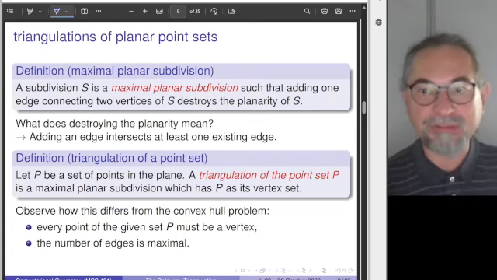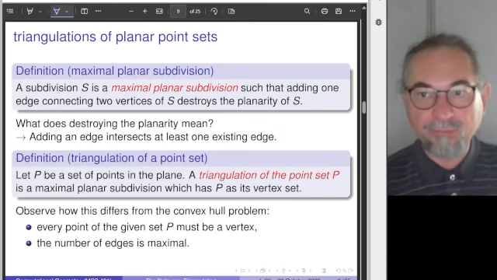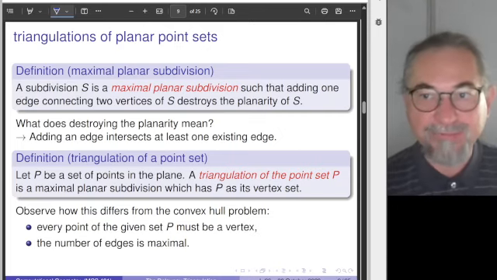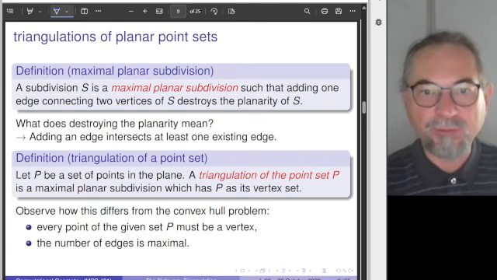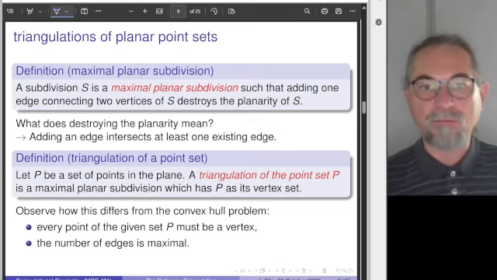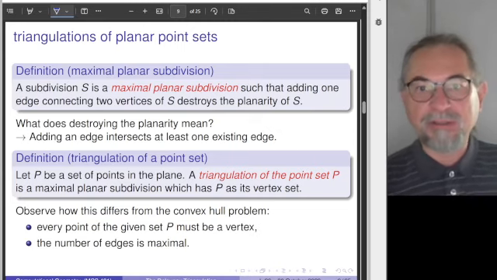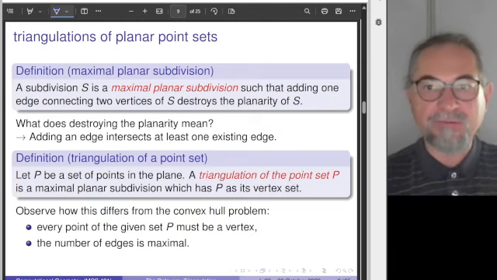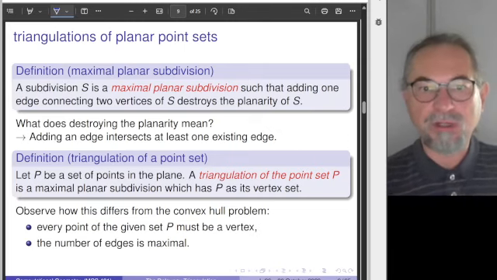What is important here, again, is that every point is actually important. And we therefore talk about a maximal planar subdivision. So what is a maximal planar subdivision? If you add one more edge, then you won't have a planar graph anymore.